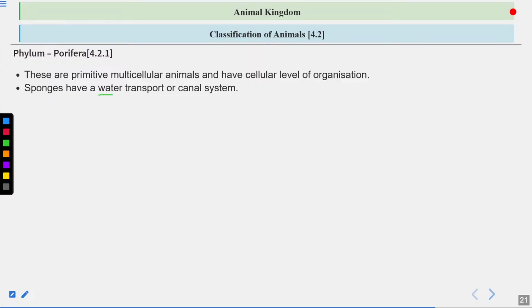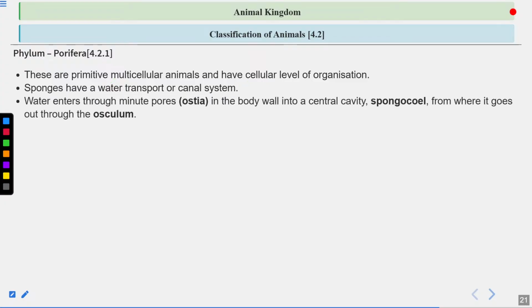Sponges have a water transport or canal system. Very, very important feature of this particular organism. Now, for this water transport and canal system, you see minute pores on its body surface that are called ostia. This ostia leads to a central cavity which is called spongocoel. So the organism is like this.